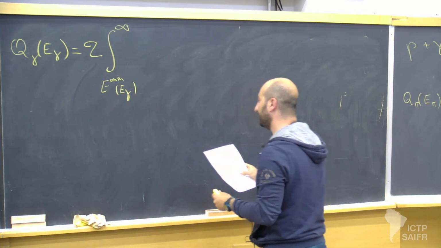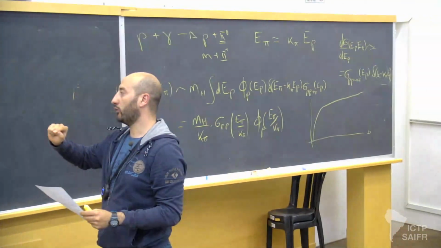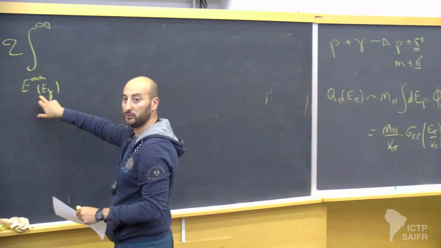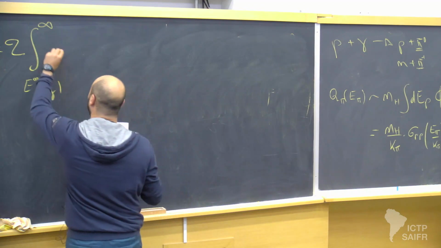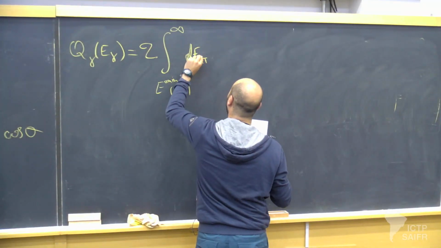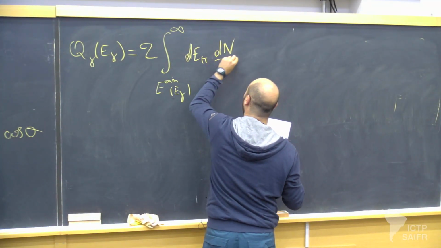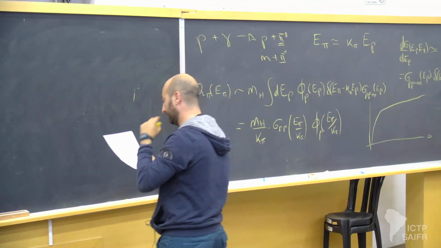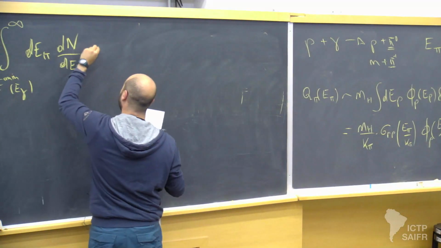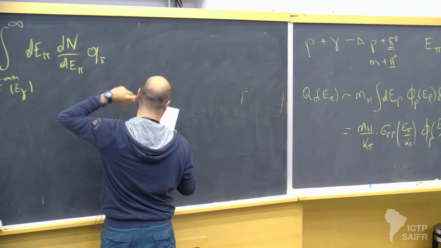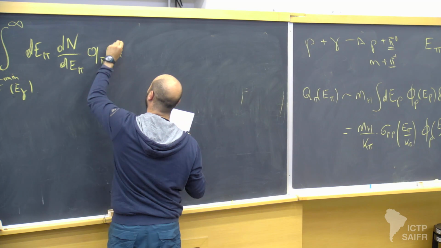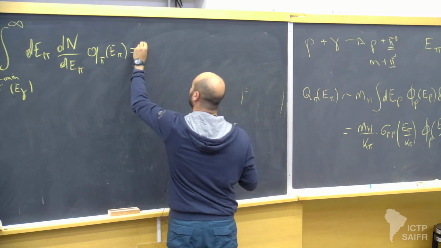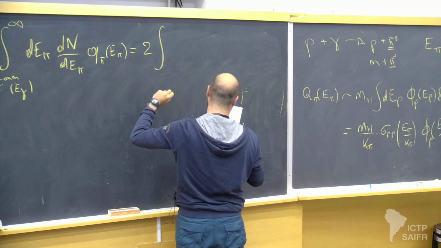This is the minimum energy for a pion to produce a photon of the energy E gamma. We will compute it in a second. Integral of d E pion, dn over d E pion, times the source term of pions, of course, as a function of the energy of the pion.